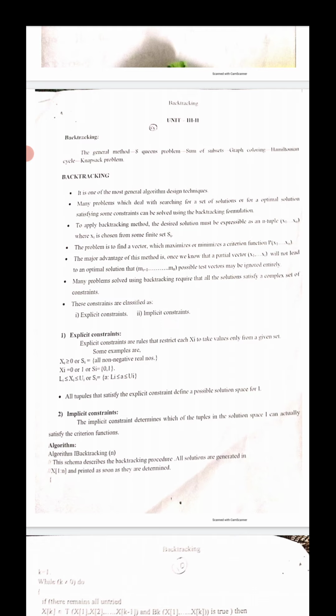Coming to the implicit constraints, they simply determine which of the tuples in the solution space can actually satisfy the criterion function.